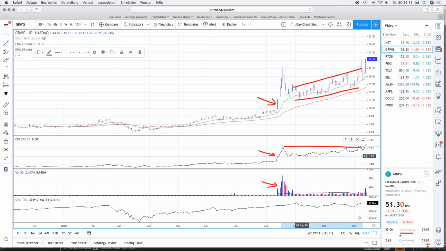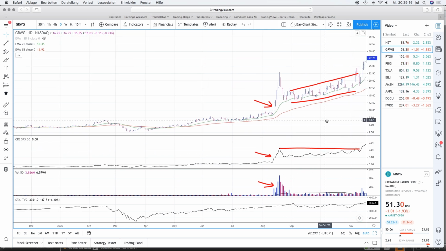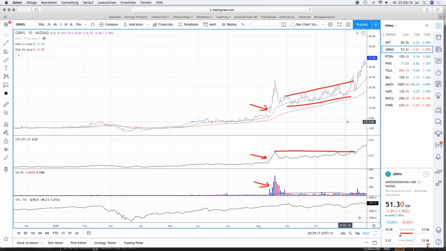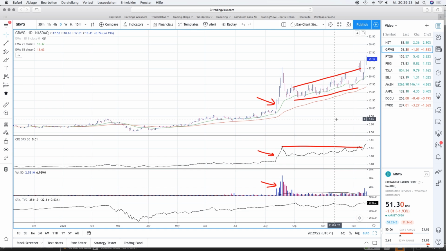So it's normal that you see some consolidation also in the RS line, and then you can see here with new price highs, the stock is breaking out to the upside. The RS line is confirming the new high, which is very important for a stock which is outperforming the market.